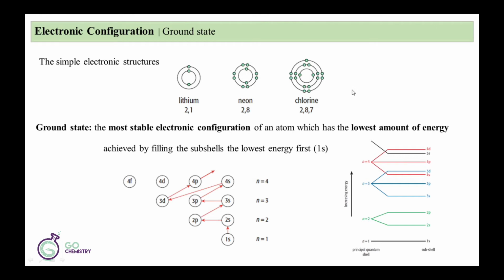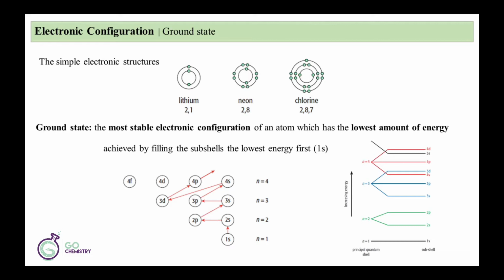Now, we will be seeing another way of representing the electronic configuration. But before, we will be giving a definition for the ground state, which is actually the most stable electronic configuration of an atom, which has the lowest amount of energy.